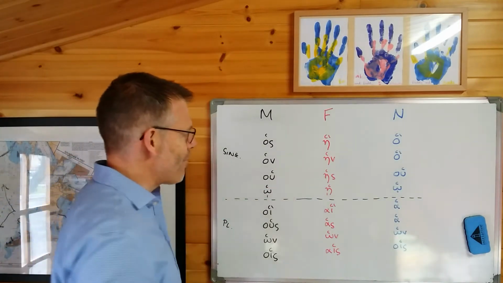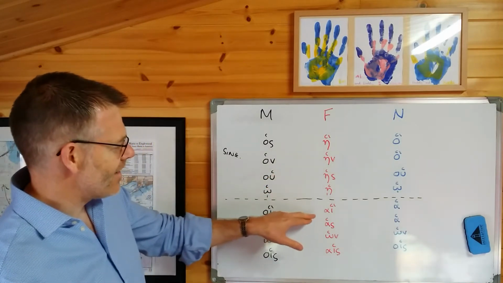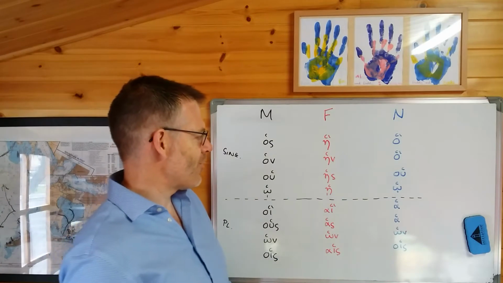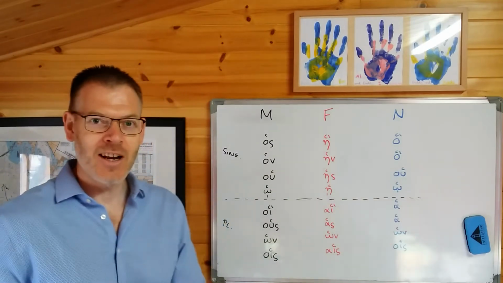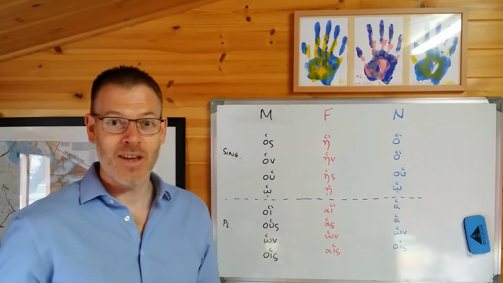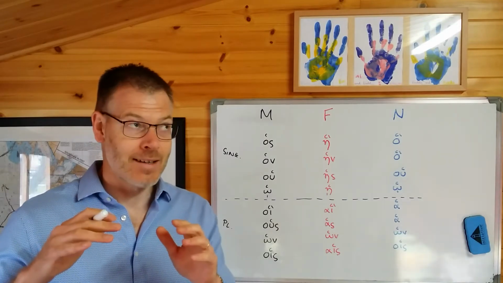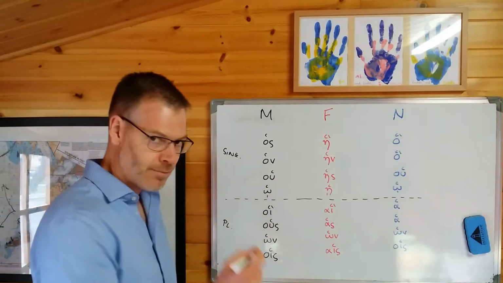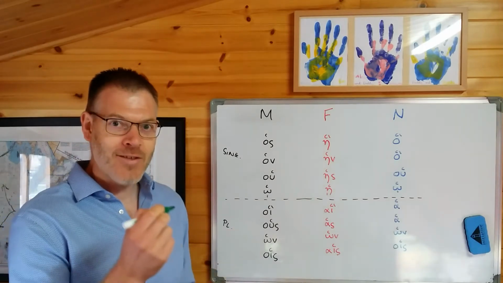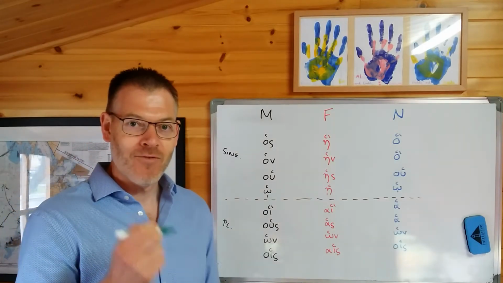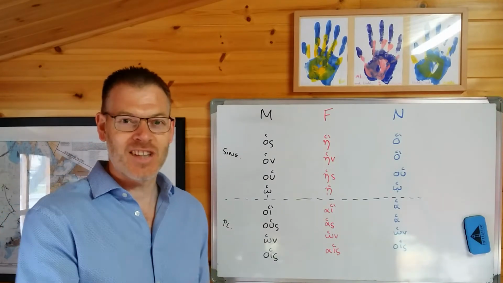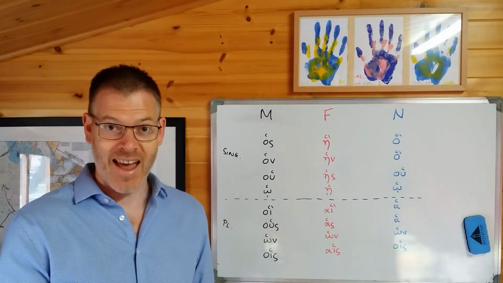Same thing in the feminine, hê, tên, tês, tê, hai, tas, tôn, tais, and the neuter, to, tou, to, ta, tôn, tois. So it looks very much the same, except with the tau missed off, and that's exactly what it is. In effect, the way that you form the relative pronoun in Greek is simply by missing off the tau when it's there.